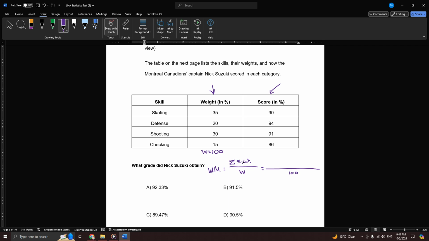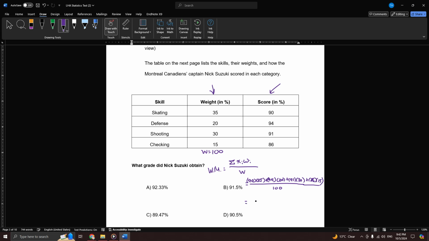So let's do the numerator. We've got xi times wi, so we've got 90 times its weight, 35, plus 94 times 20 plus 91 times 30. I'm running out of space here. Let me move this over here. Oh, that's not right. Over here. All right, and maybe I could extend this line a little bit. Okay, and we're going to add that to 86 times 15.